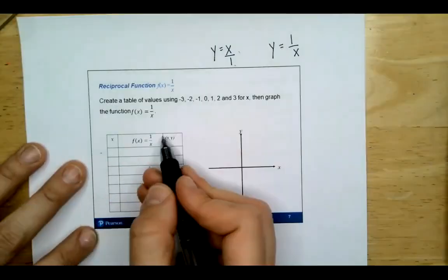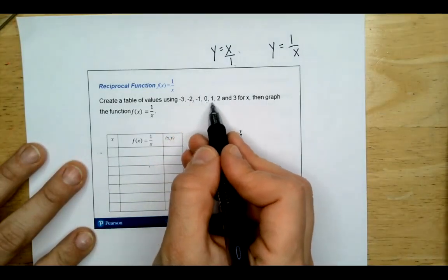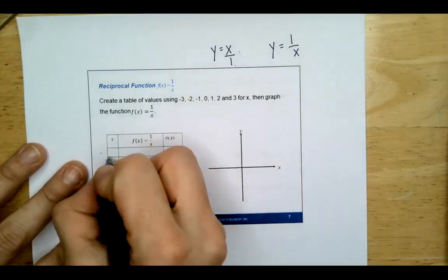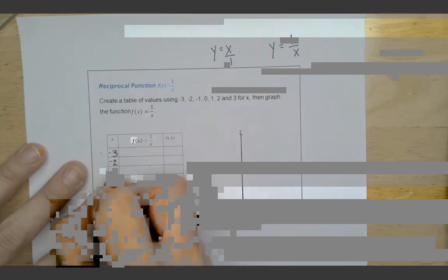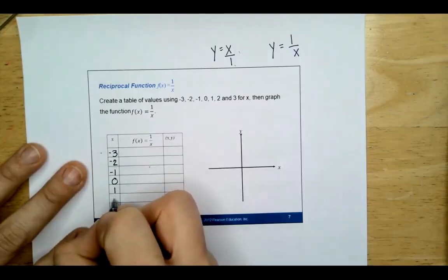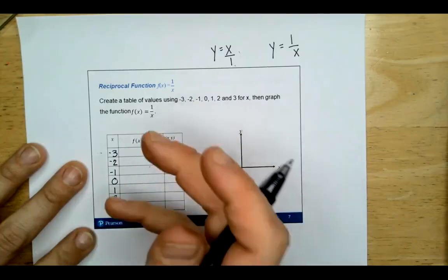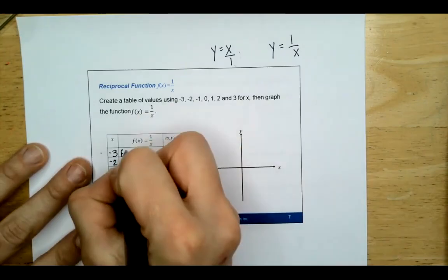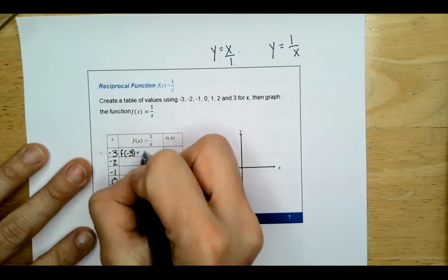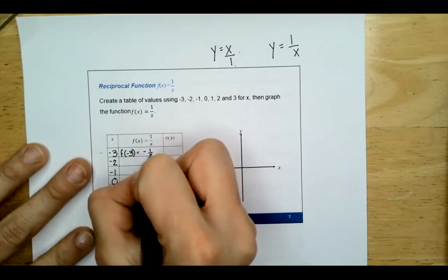So the reciprocal function of -3, -2, -1, 0, 1, 2, and 3. Fractions. Good. And then graph it. So f of -3 is -1/3.